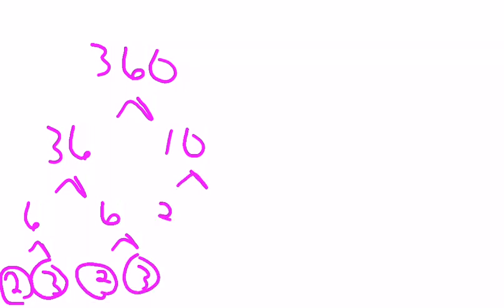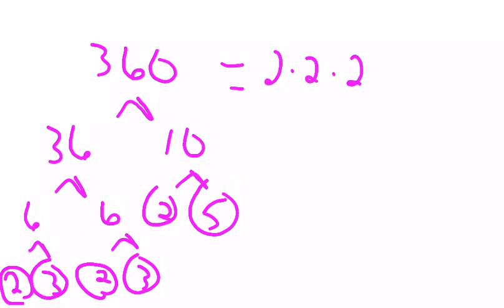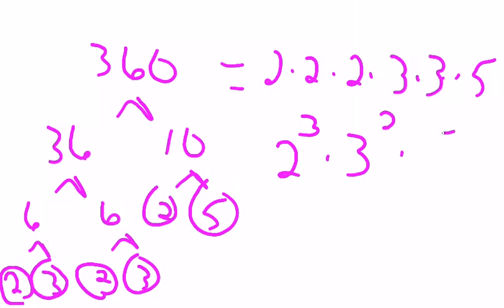And 10 is 2 times 5. So 360's prime factorization is 2 times 2 times 2. Notice there's 3 2's. Times 3 times 3. Notice there's 2 3's. Times 5. Or we could say that that's 2 to the 3rd times 3 squared times 5.